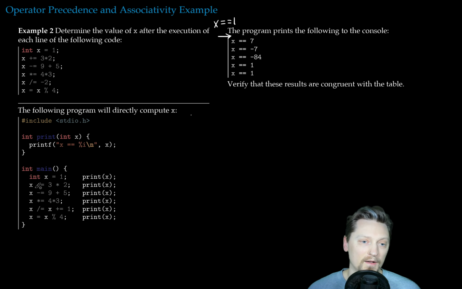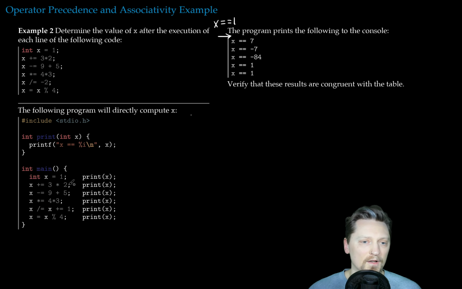So x was 1, plus equals, we have 3 times 2 on the other side. Let's look at the plus equals operator. Remember, plus equals means take what's to the left of it and sum it with whatever is to the right of it and assign it to whatever is to the left of it, which is the variable x.